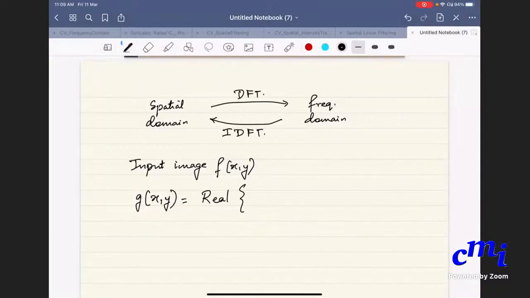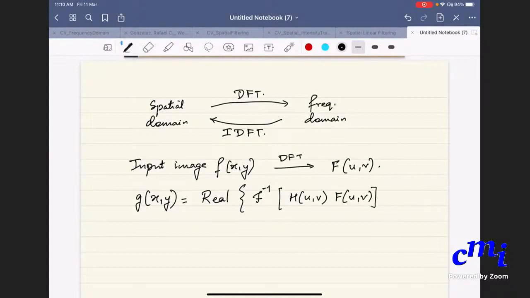So let me say F inverse, the inverse Fourier transform of, so suppose for the input image f you have applied the discrete Fourier transform and transferred it to the frequency domain. We are going to call it capital F(u,v). Applying a filter to this F(u,v) in the frequency domain will be like multiplying with some H(u,v), some function in the frequency domain. This is how the mechanics will be.